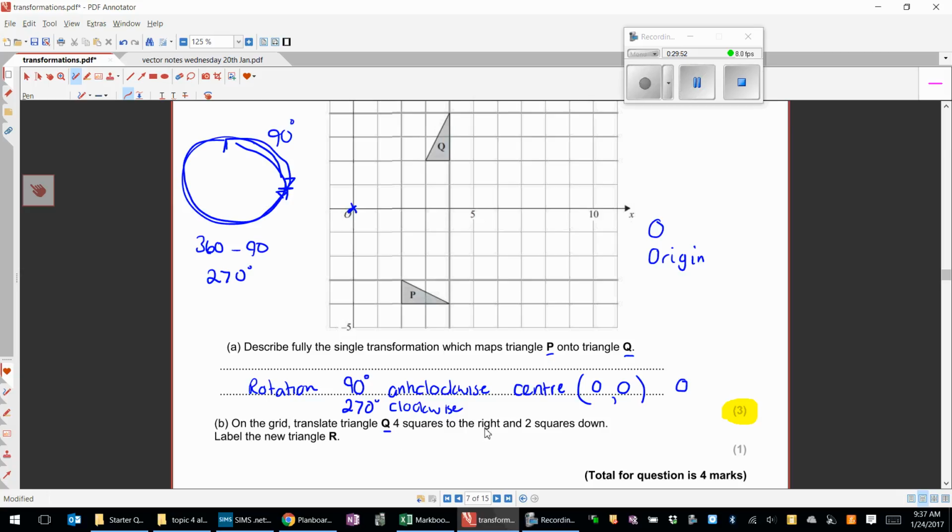I'm going to pick the top point this time. 4 squares to the right, so 1, 2, 3, 4. Then 2 squares down, so from that point we go 1, 2. I've got to remember that that is that point, therefore if I redraw my triangle, it will end up looking like that. It does say label it R, so better put an R in there.